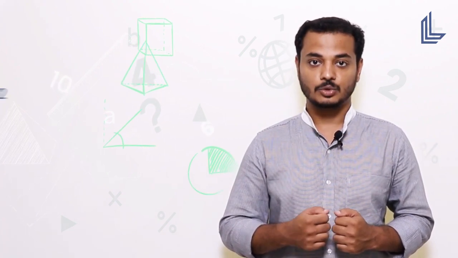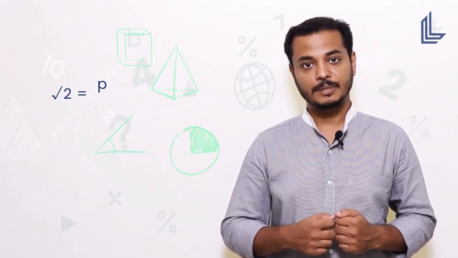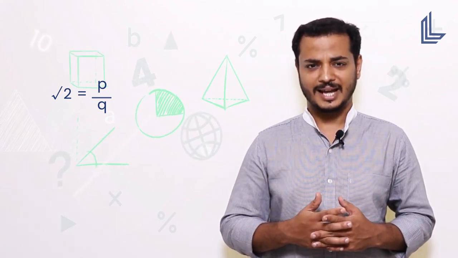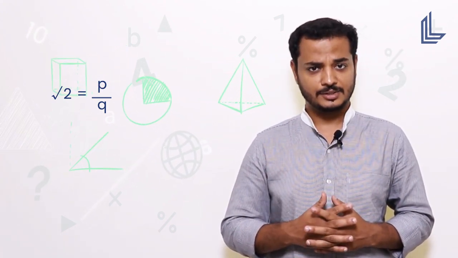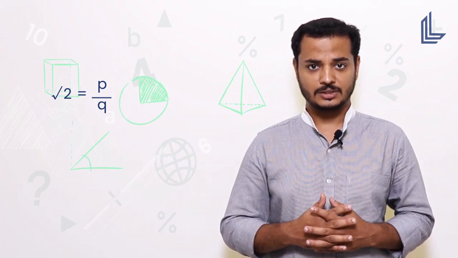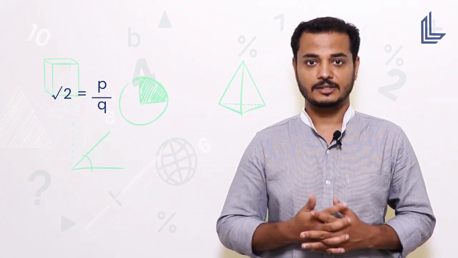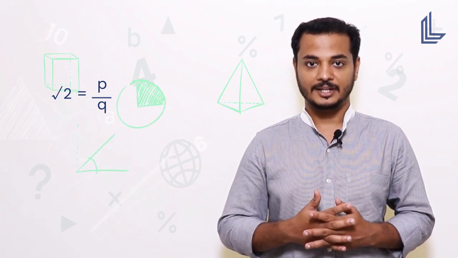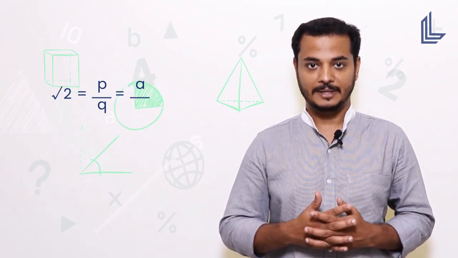Now what does that mean? It means that root 2 could be expressed in the form of p by q. Now think that p and q have some common factors, and we are going to reduce it by cancelling off the common factors in the numerator and denominator. And let's say that we got the reduced fraction as a by b.